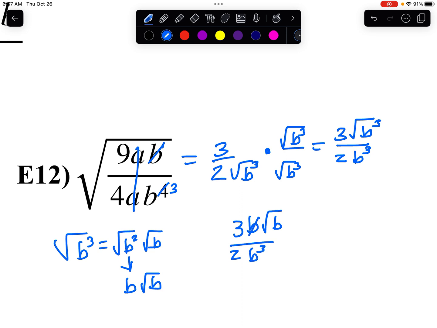And this b takes out one of those. So I'm still going to simplify more. So we get 3 square roots of b all over 2b squared because I took out one of the b's. And that's as far as it simplifies.